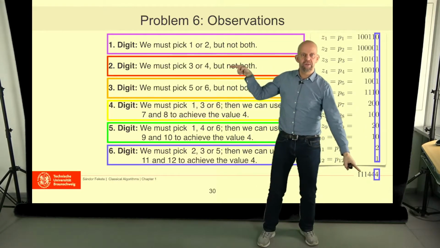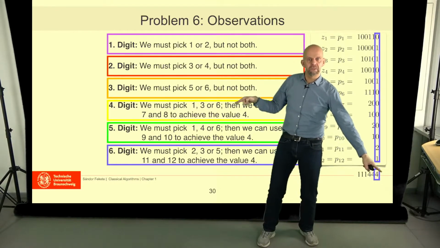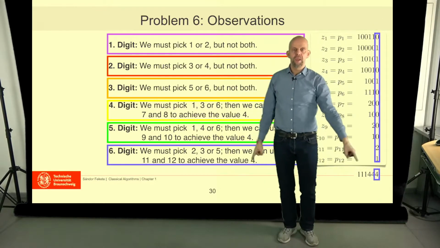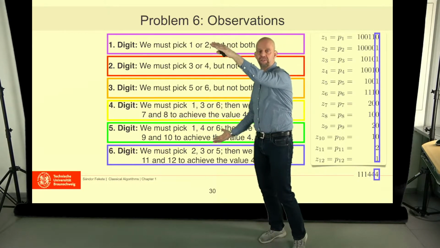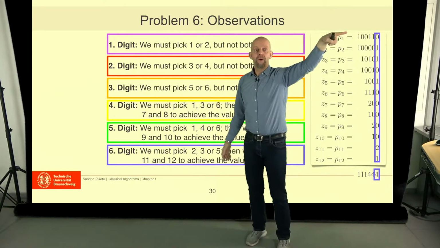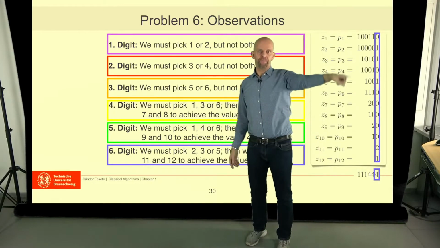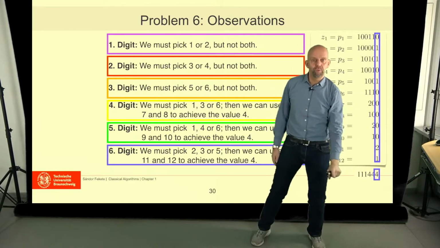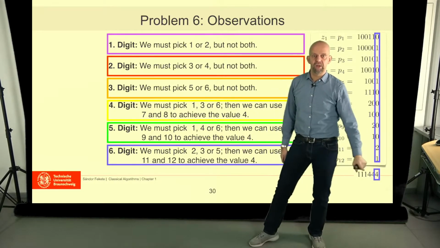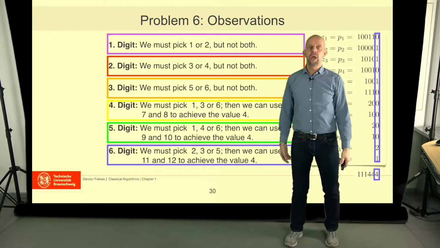If you satisfy this, you get that. So these conditions here describe necessary and sufficient conditions for what you need to choose, from these 12 numbers, to get to an even, precise 111,444.